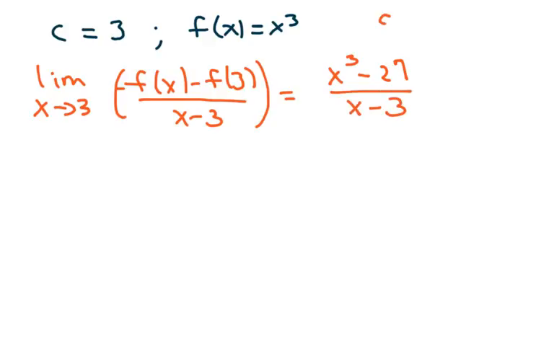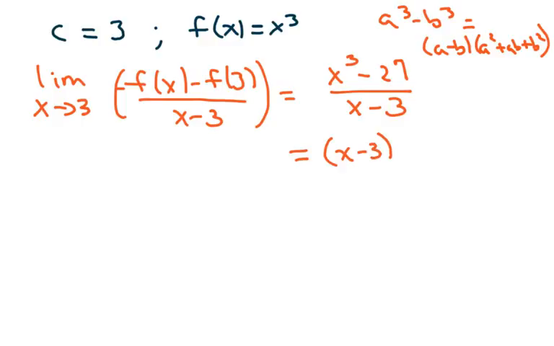Now we're going to use our a cubed minus b cubed formula, which equals a minus b times a squared plus ab plus b squared. And my a is going to be x, and my b is going to be 3. So I get x minus 3 times x squared plus 3x plus 9 over x minus 3.